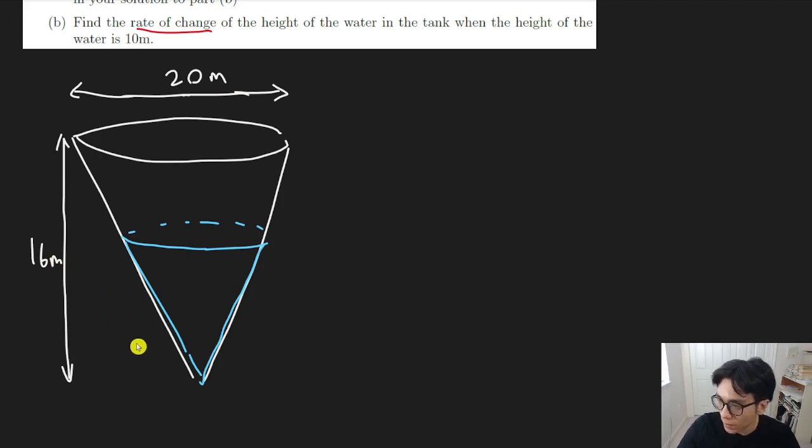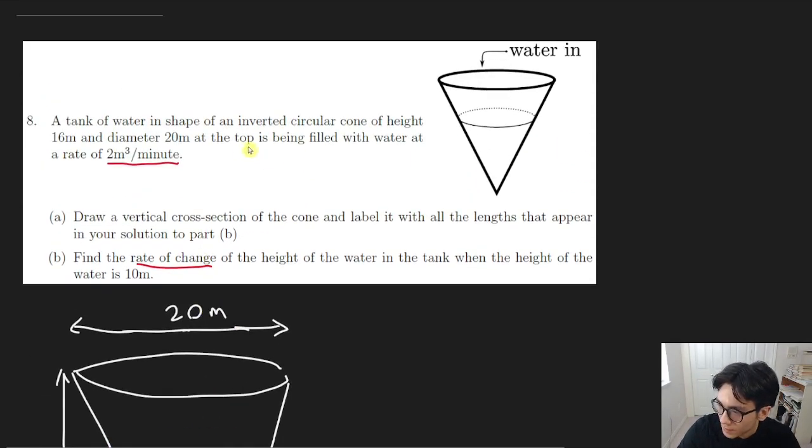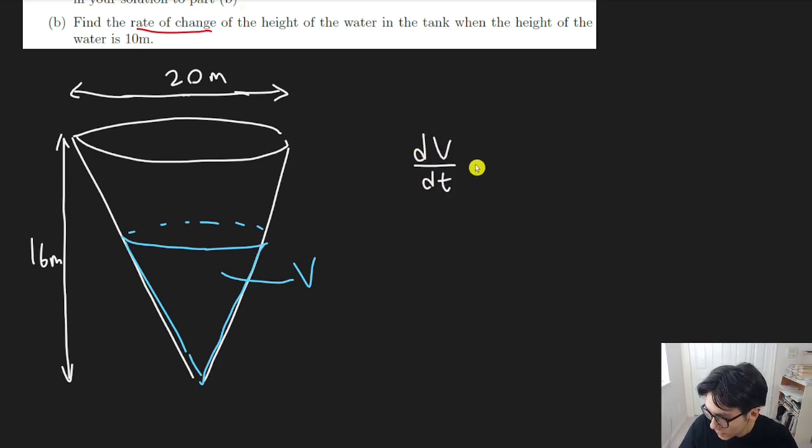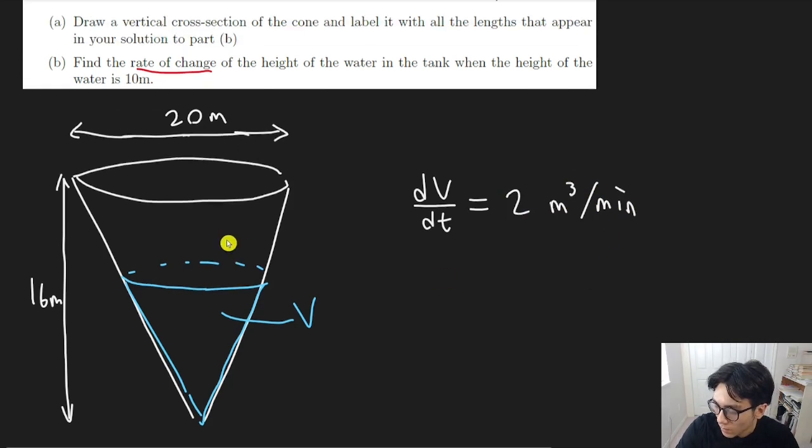We're also given in the question that it's being filled with water at a rate of 2 meters cubed per minute. That means the volume is increasing by 2 meters cubed per minute. If we denote the volume of this water by V, then we could say dV/dt is 2 meters cubed per minute. Now, what do we need to find?